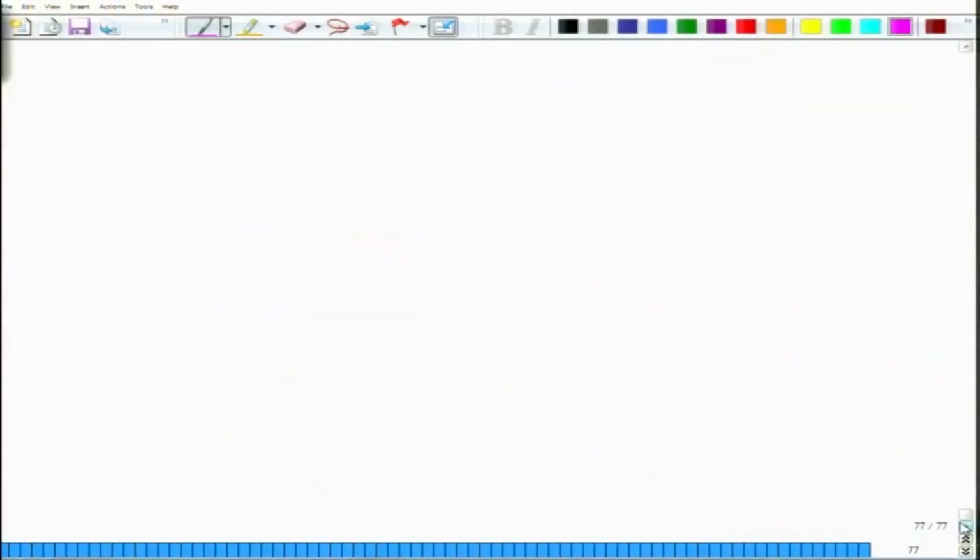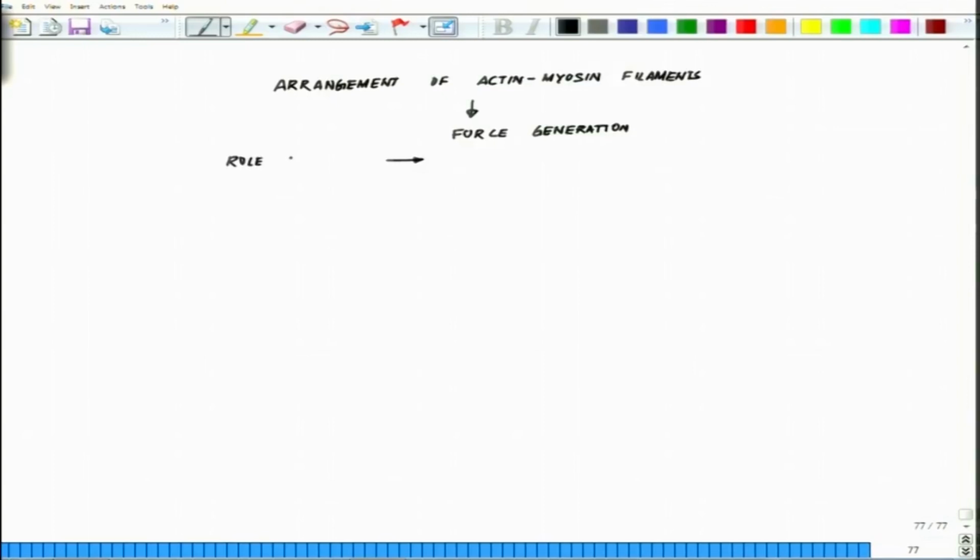Now, in the next class we will talk about the arrangement of actin and myosin filaments, which are involved in force generation, and the role of mitochondria in this whole process.